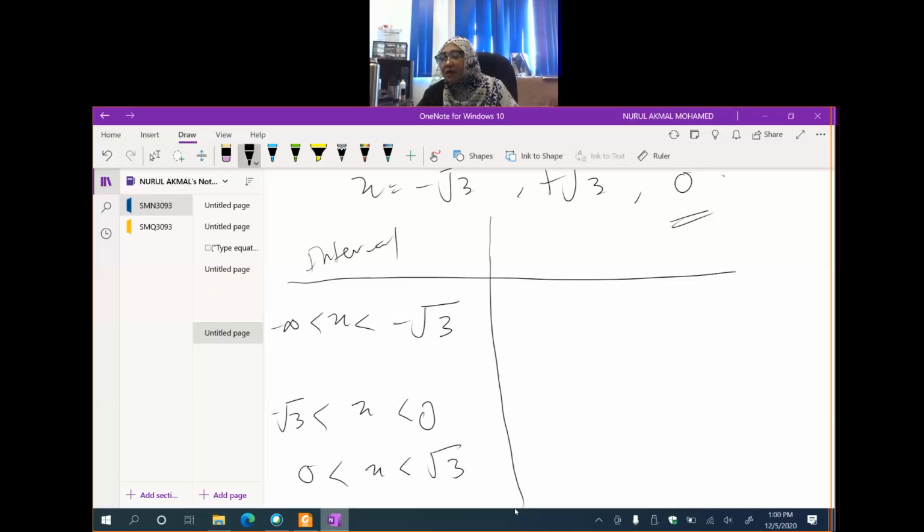Okay, so these are the intervals, and then here it will be the sign of f prime, and this one is the behavior of f.